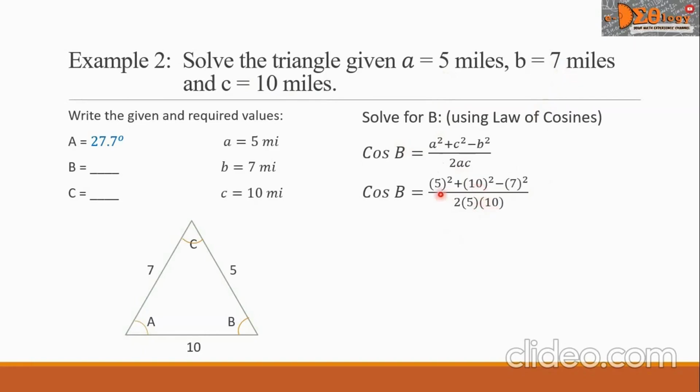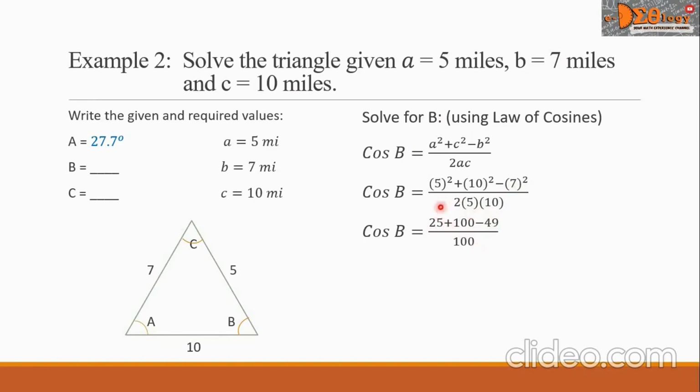Simplifying further, 5 squared is 25 plus 10 squared is 100 minus the 7 squared is 49 all over the denominator, which is the product of 2 and 5 and 10, and that is 100.